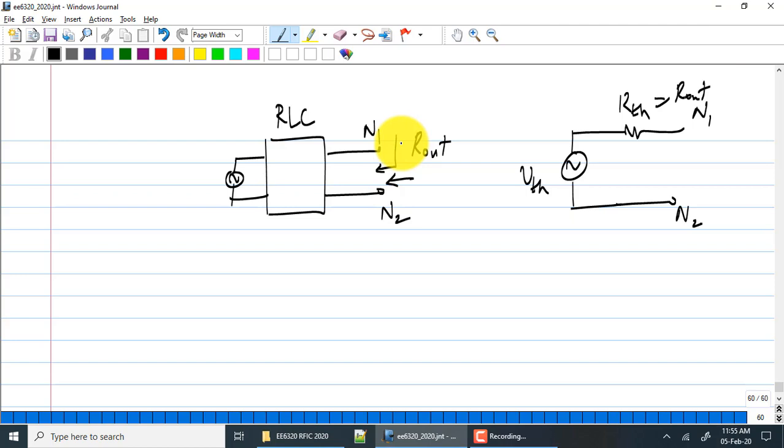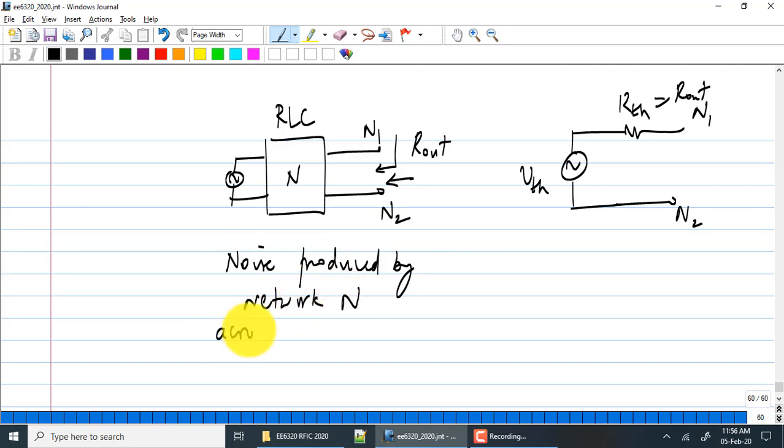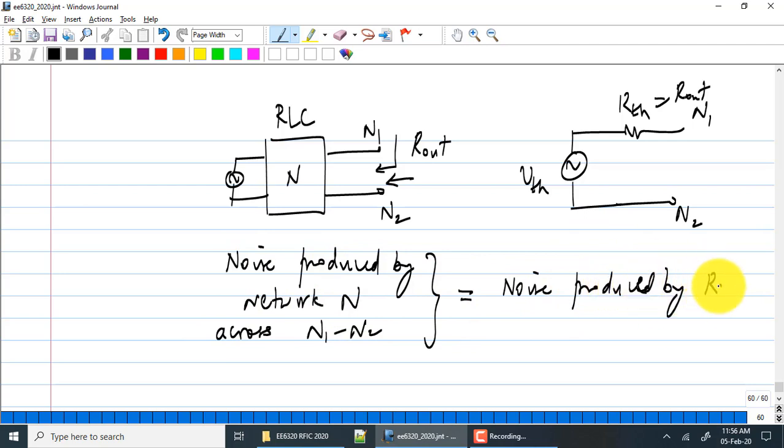The noise produced by this network N across N1 and N2 is equal to the noise produced by the Thevenin resistance.